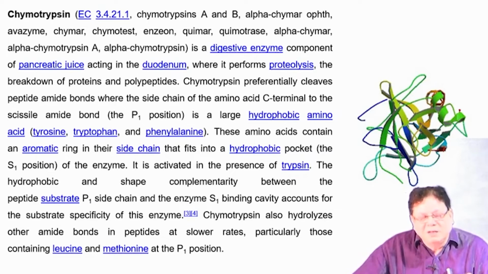In case of trypsin, there must be a pocket which is negatively charged, and it recognizes basic amino acids which are positively charged at the normal pH of 7.2. So, that will go and bind there. Okay. That is where the specificity comes from.